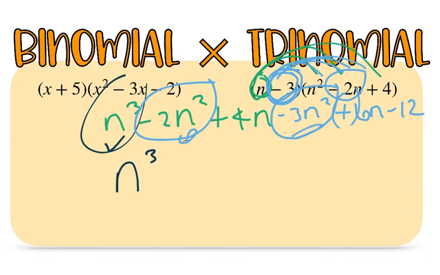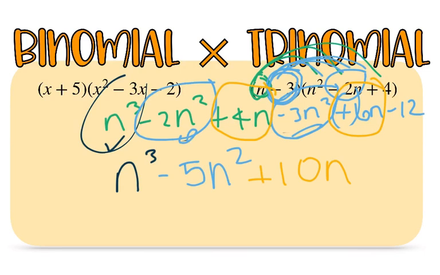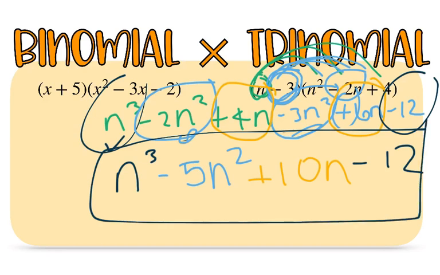That will combine together to give me -5n squared. Next up, I have +4n and +6n. If you add those up, you get +10n. And then I have this -12 over here that has no other regular number to combine with, so that just will stay put and not be combined with anything, and we are all set.